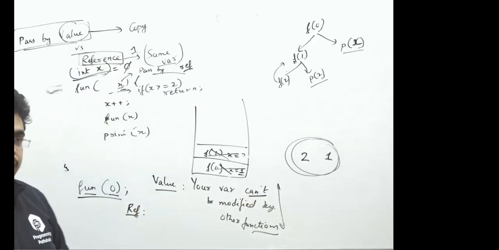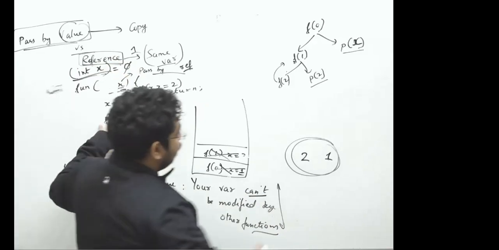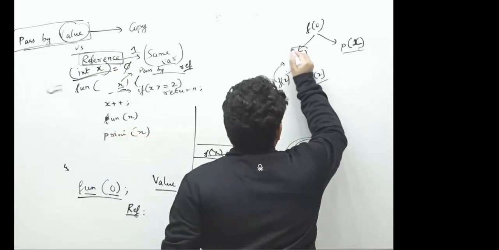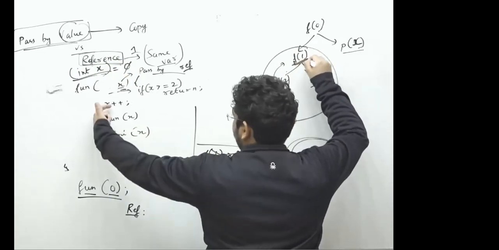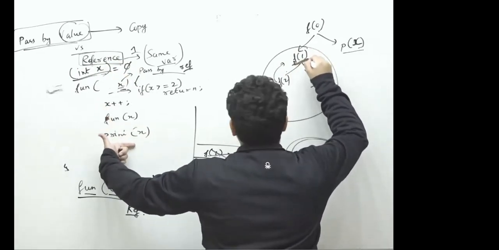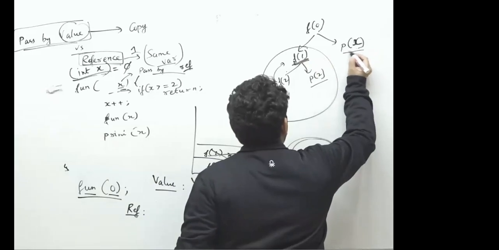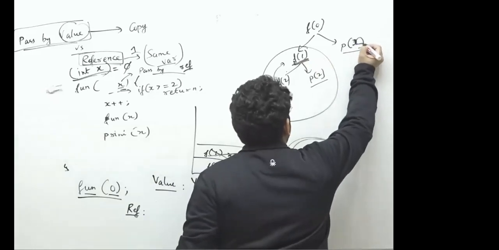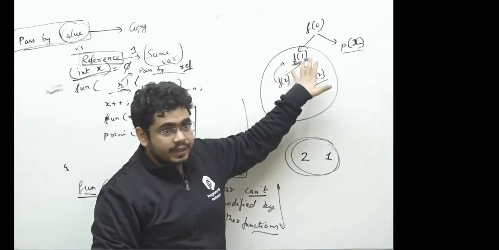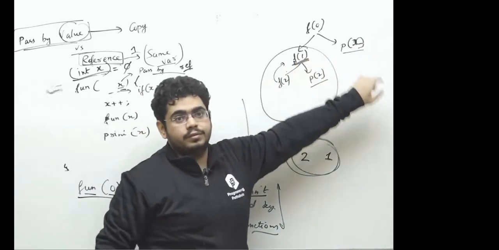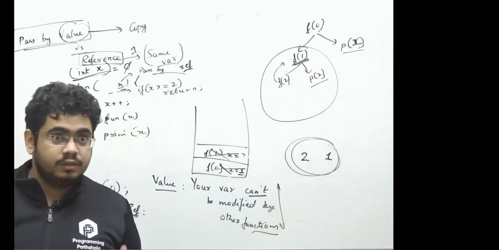So what I'm saying is, I called this f of 1, which might change the value of x before printing. So I can't write print 1 here. I will write just print x. So whatever the value of x is, once this completes, that is what I will print here. Is this making sense?